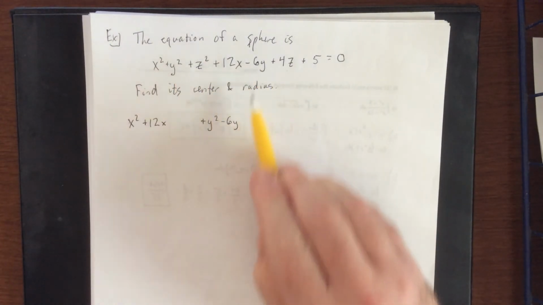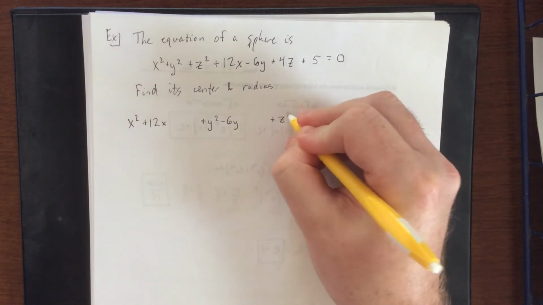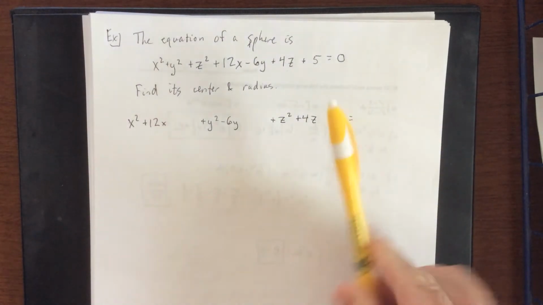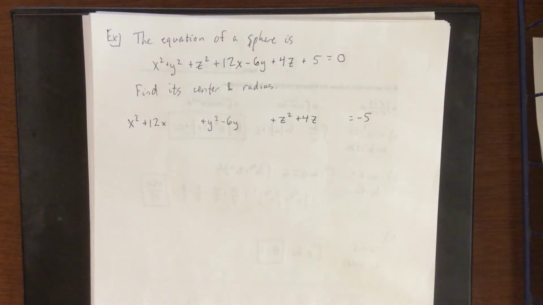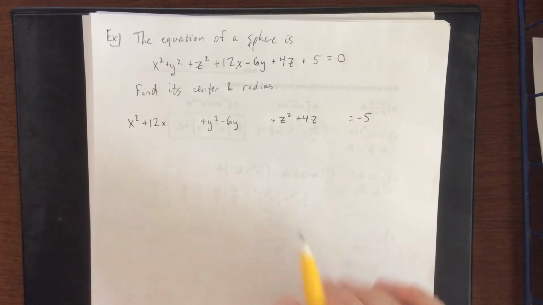That's the y squared and the minus 6y. And then the z terms are gathered together as well. And I'm leaving a little blank space to complete the square on all of those. I'm going to take this plus 5 and move it over to the other side, just because that'll be contributing to the radius in just a moment.